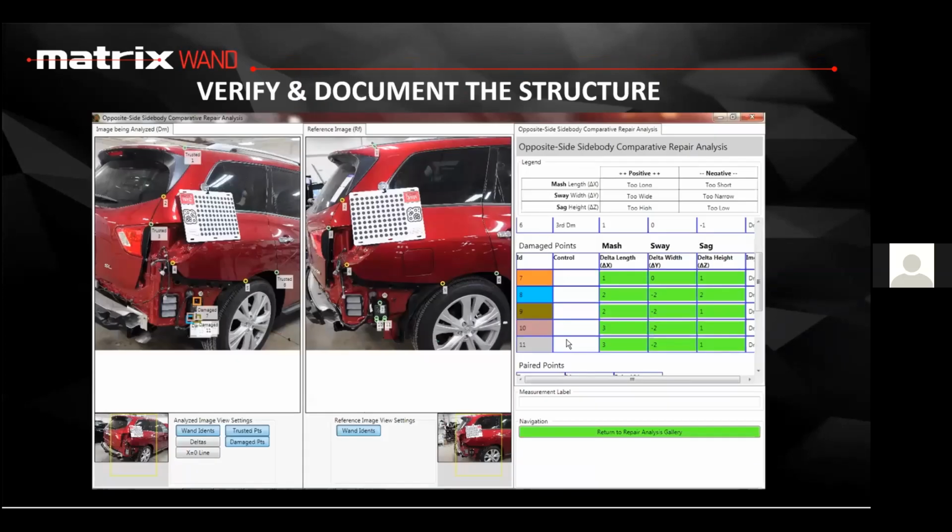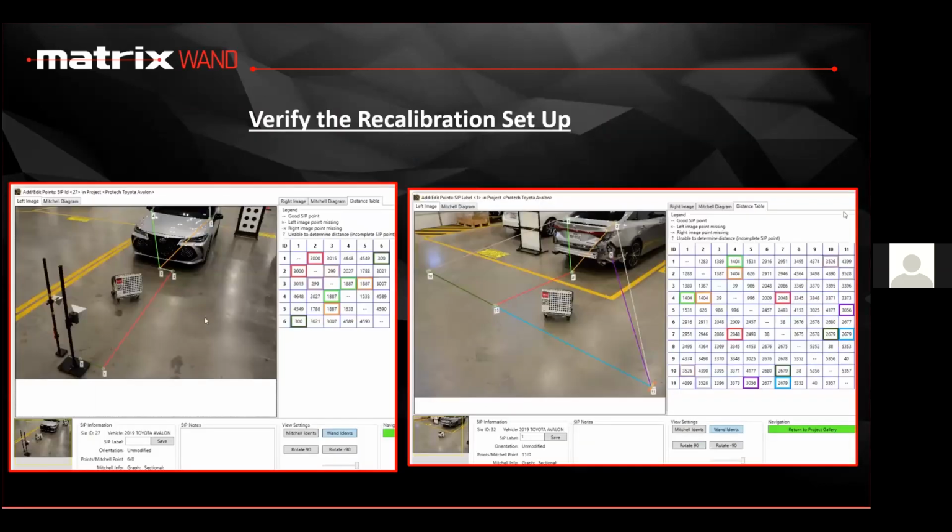So like this vehicle, fresh out of paint, before we put that bumper cover back on, let's quickly do our post-repair image and make sure everything's where it needs to be, the sensor where it needs to be in relation to the quarter panel, and compared to both sides, they're all within a structural tolerance of each other. So we know we can put this bumper on, send it to alignment, send it to calibration, it's going to pass the calibration, and it can go home on time.